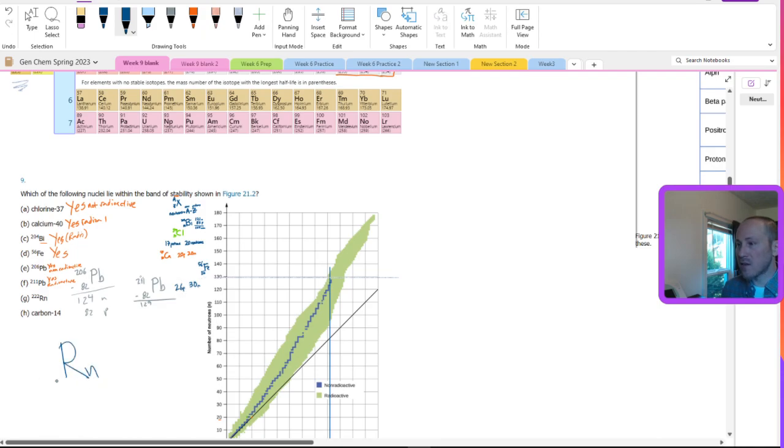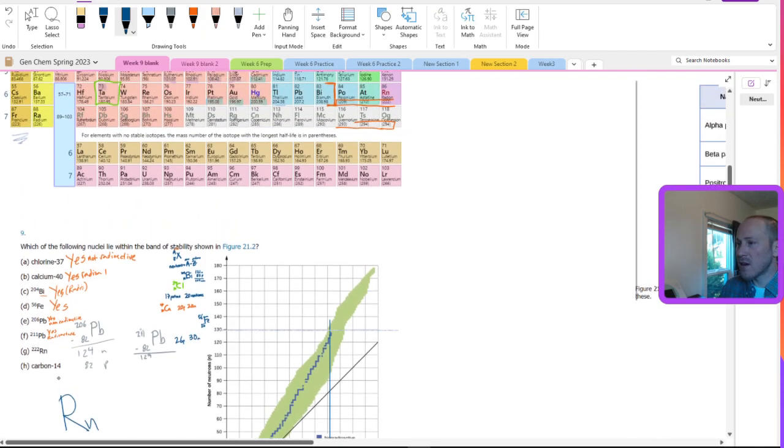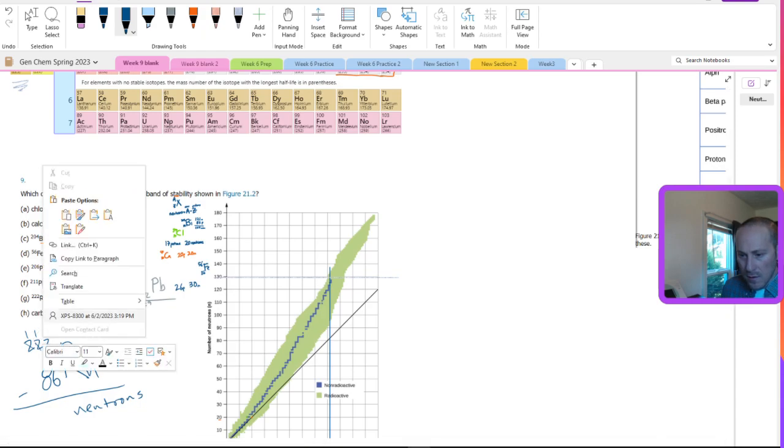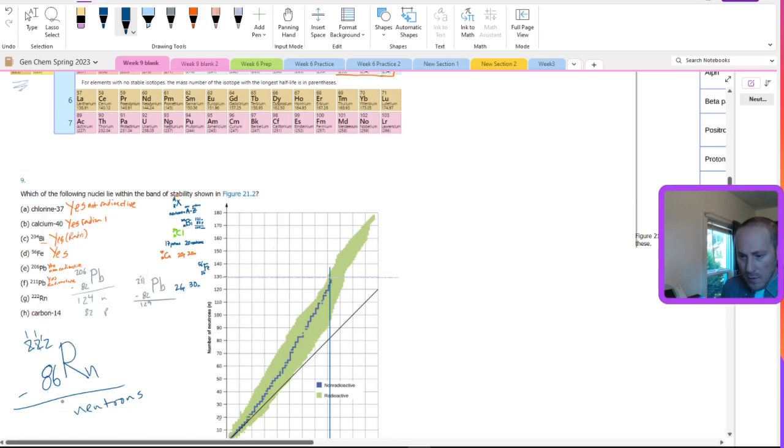So speaking of bigger than 83 protons, radon is 86. And we're told that this is 222. So our number of neutrons is going to be... that's going to become, oops, 12, so that becomes a 6, and that's an 11, becomes a 3, and a 1.